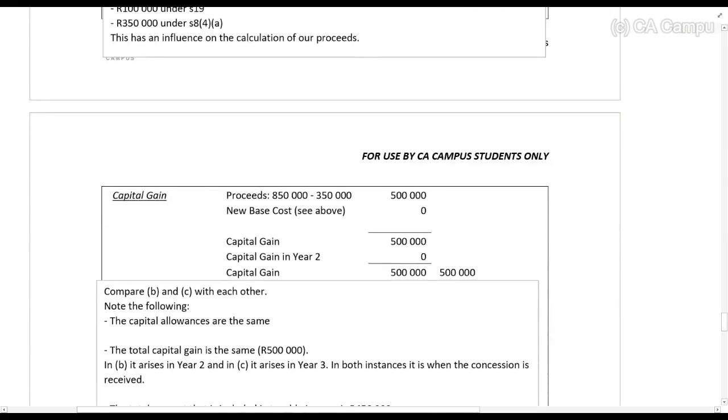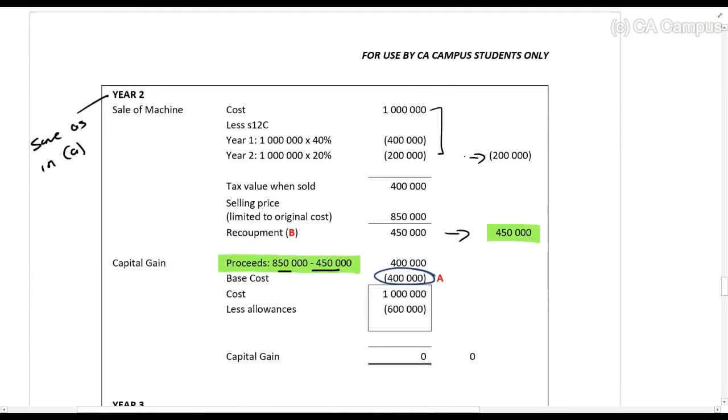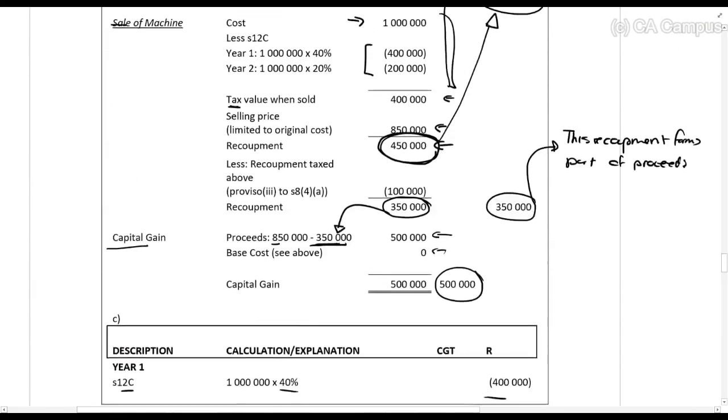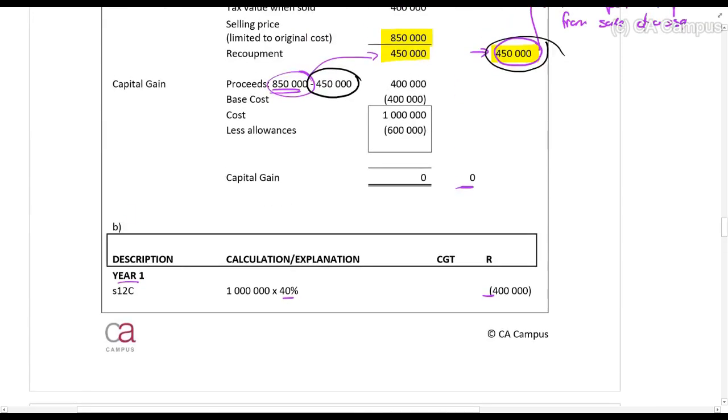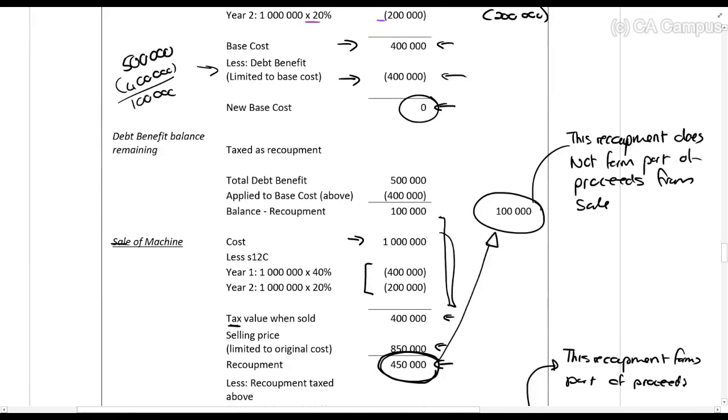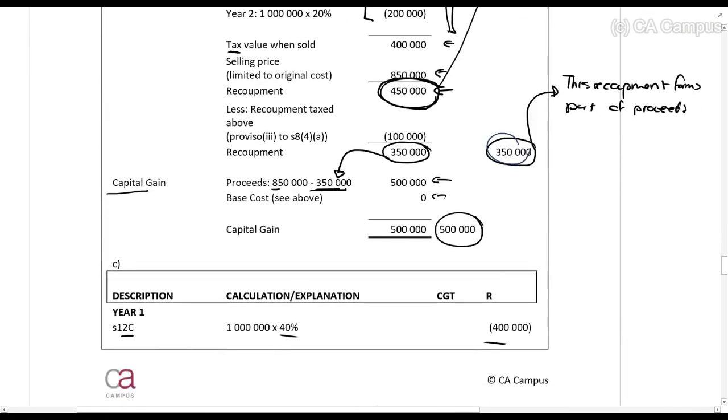Okay. We then re-perform a capital gain. Watch now. In year 2, I want to remind you, we had 450,000 rands to be calculated. Now we say that of that 450,000, 100,000 rands is in terms of section 19, and 350,000 is in terms of section 8.4a. It has to work out like that because that is what we saw in part B when we worked it out, the 100,000 and the 350,000.